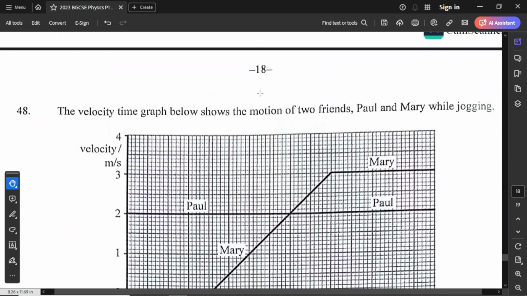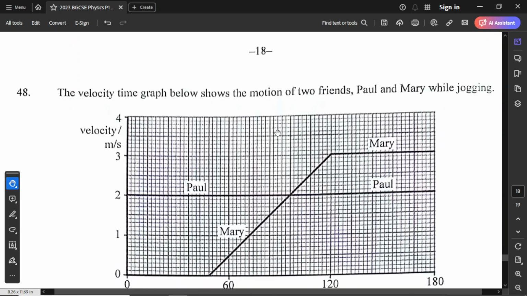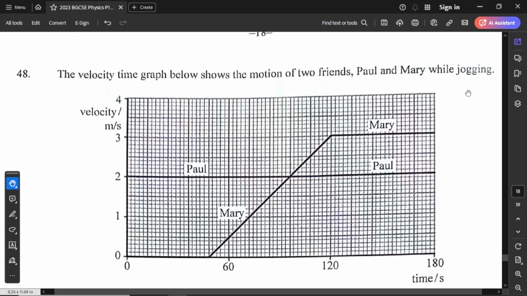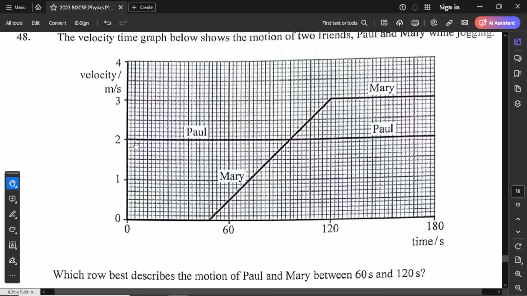48, it said the velocity-time graph below shows the motion of 2 friends, Paul and Mary, while jogging. If you notice, Paul is at a constant velocity, while Mary was bolting. She was increasing, she was accelerating, and then she comes to a point where she starts maintaining that speed.